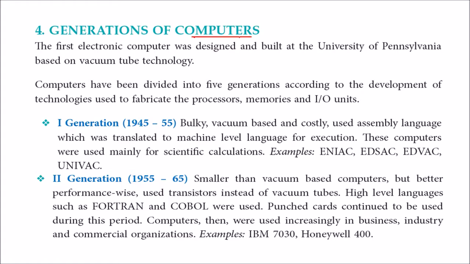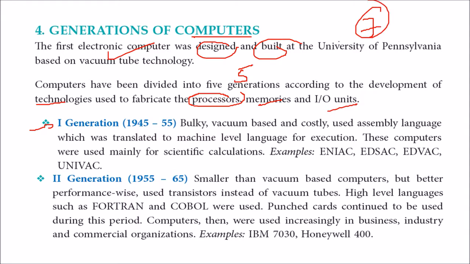Previously, these were built on vacuum tube technology, and in fact the first electronic computer was designed and built at the University of Pennsylvania, based on vacuum tube technology. According to the development of technologies, how processors were fabricated, and the memories and input-output units, computers have been divided into 5 generations. When I am presently talking, we are now in the 7th generation.